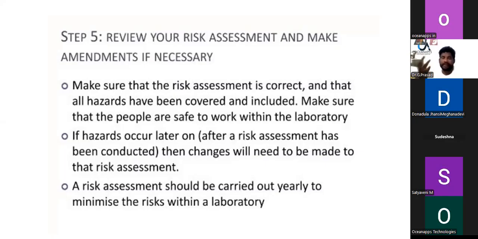Based on that risk assessment, you can save a lot of property, the management's equipment or machinery parts, anything. And also you can save the lives of the employees, skilled laborers and unskilled laborers, most of the people. So this is the complete picture about risk assessment.